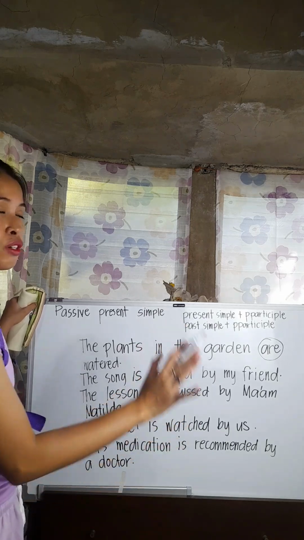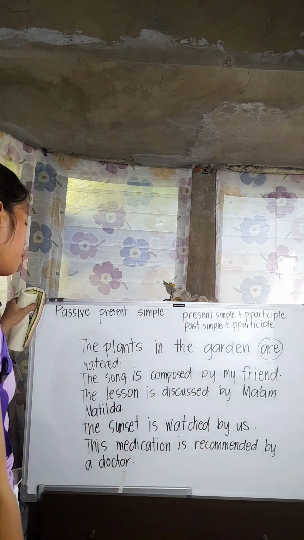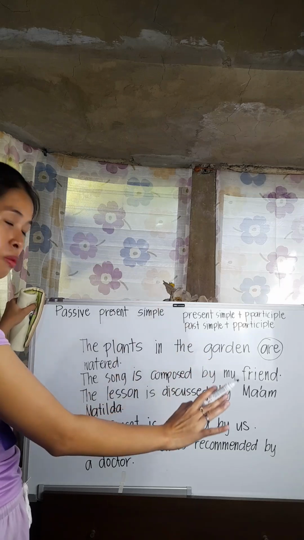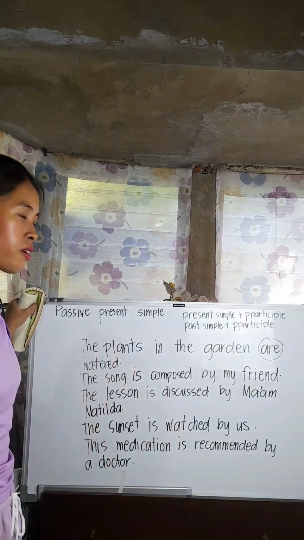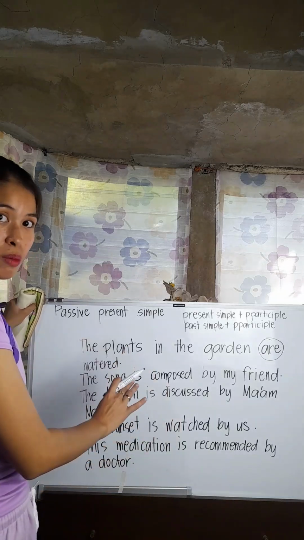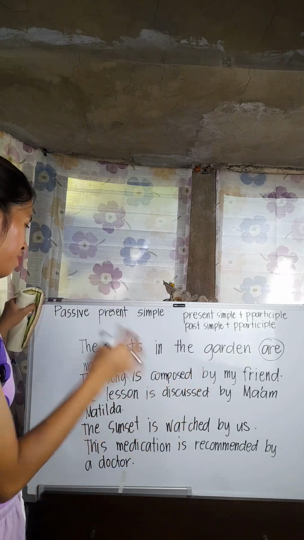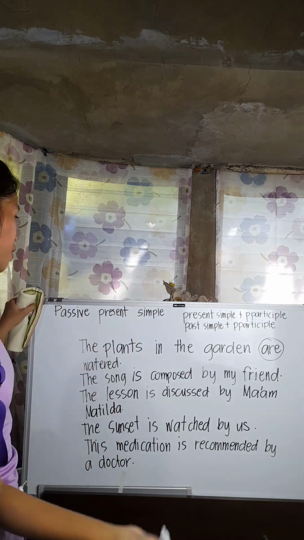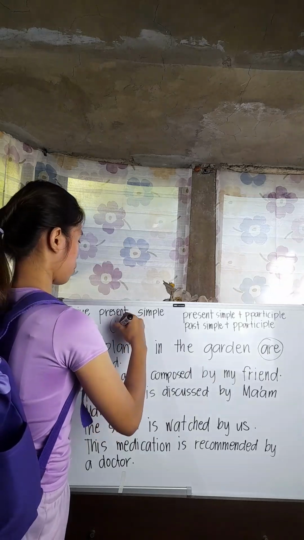As you can observe even in the first set of sentences, the past participle usually ends with the letters ed. That is because the past participle is a regular verb. So this is a passive present simple with a regular verb.